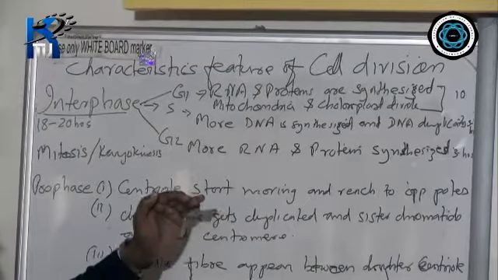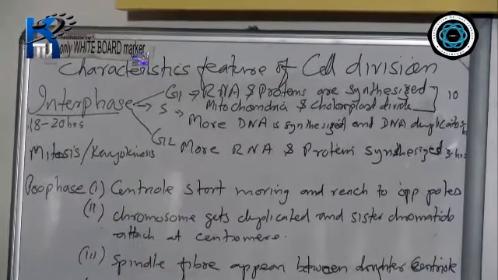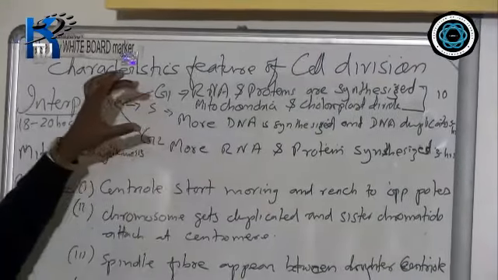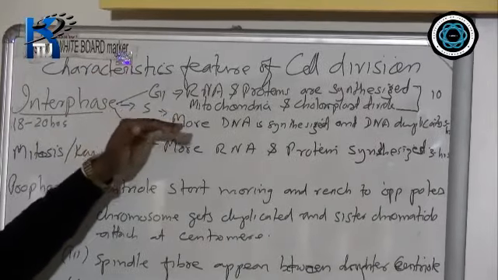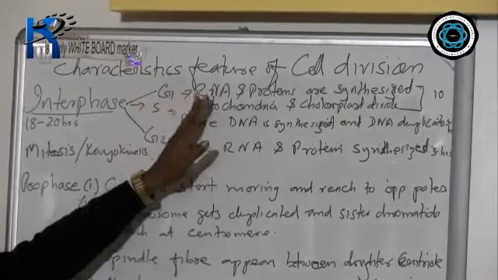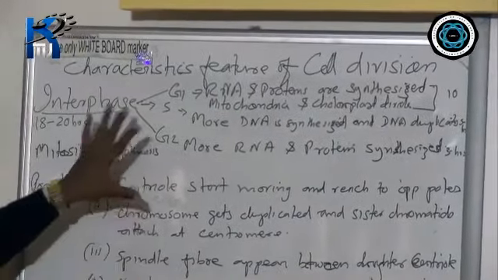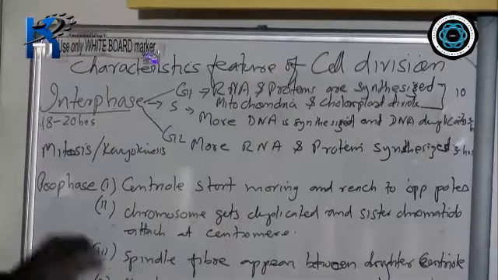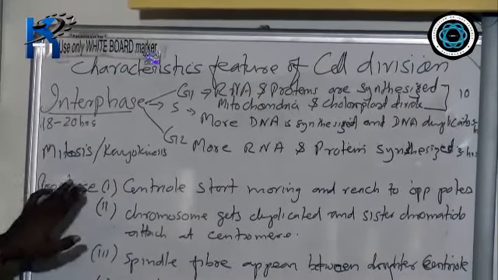If the cell undergoes division, the process will be carried on. If in G1 the process is restricted or stopped, then it goes into the resting stage.